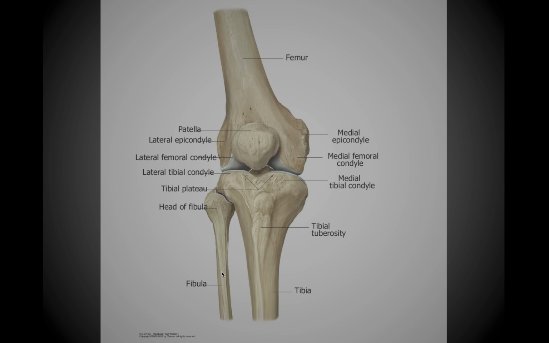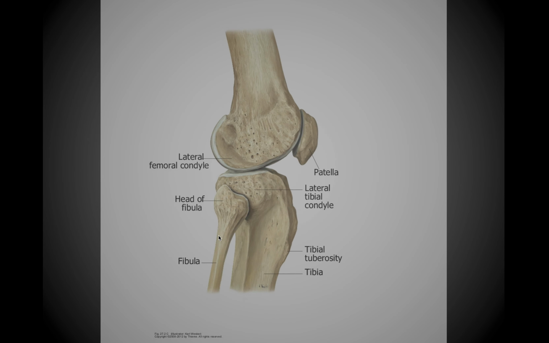In the fibula, we have the head articulating with the tibia, and then the neck, which is the weakest point of the fibula and is prone to fracture. Remember that your common peroneal or common fibular nerve is located right about that region, so any fracture of the fibular neck is going to put that nerve at risk.